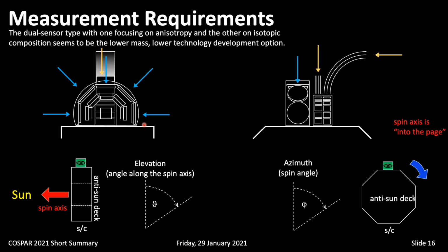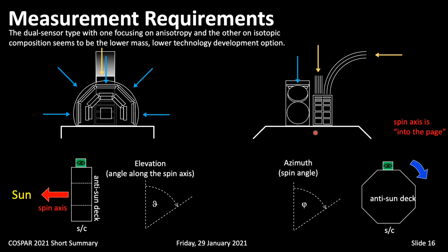Now, looking at the spacecraft from the side, where this green eye indicates the instrument, looking close up, you see the main sensor mounted this direction, so the blue arrows will get the elevation angle, and then the spinning in the other direction would get the azimuthal angle. Next to the main sensor would be the isotopic sensor. You can see it here, sort of behind the sensor from this point of view.